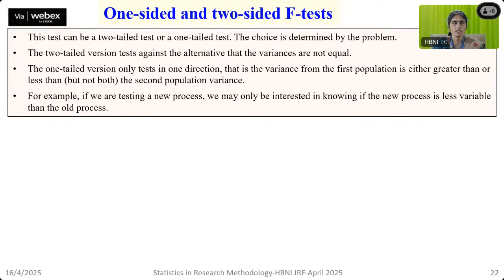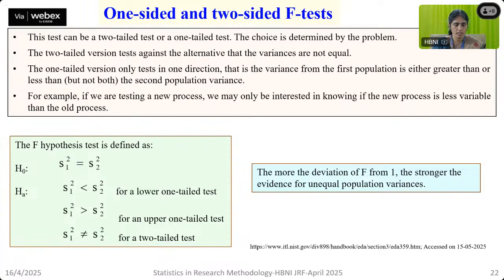In the case of t and Z, we had seen the two-tailed as well as the one-tailed test. The F test also can be applied for the two different sets. For example, if one variance is expected to be larger all the time, then you can do the upper-tailed test. If one variance is supposed to be lower, then you go for the lower-tailed test.